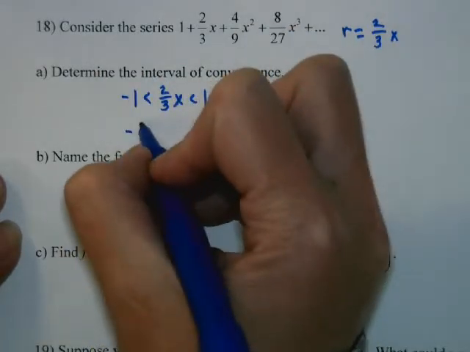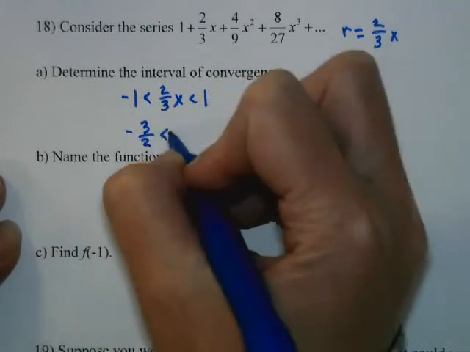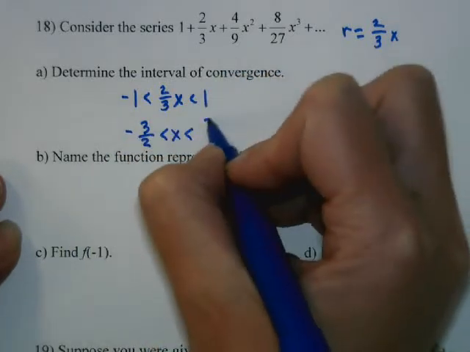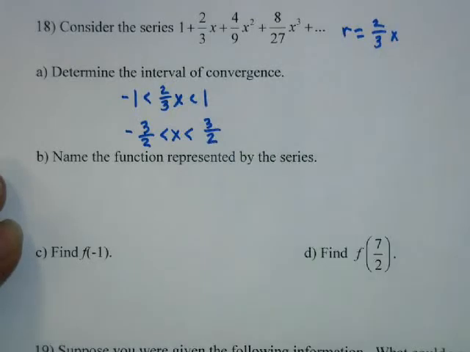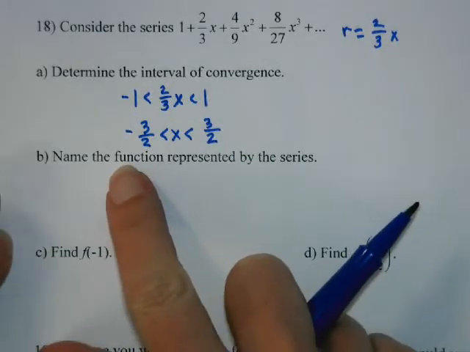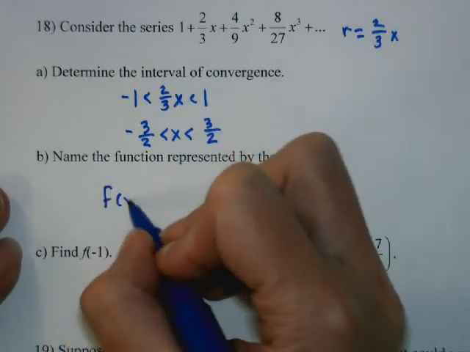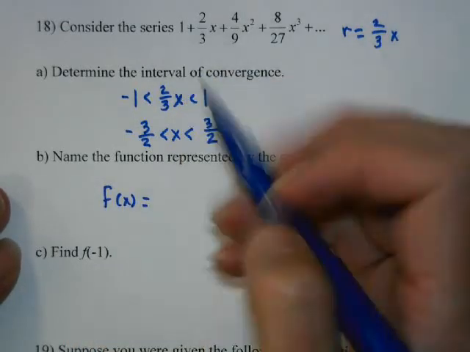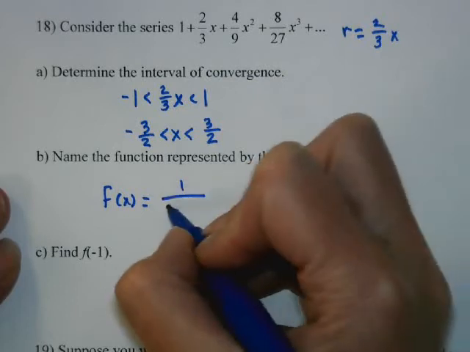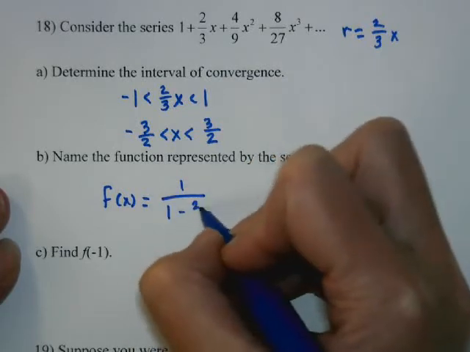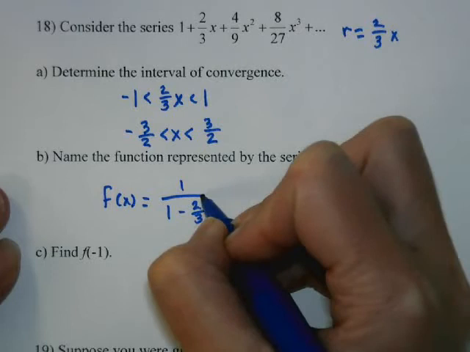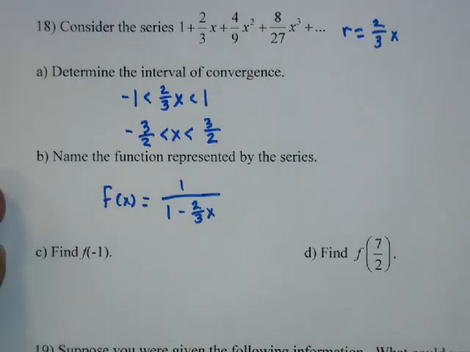So -3 halves is less than x is less than 3 halves. The function represented by this series, this is really just asking for the sum. We'll write it in function notation, so that's going to be a1 over 1 minus r, which is still 2/3 x. Okay, and again, you could simplify it, but I'm going to leave it just like that.